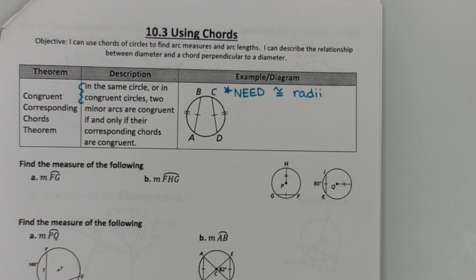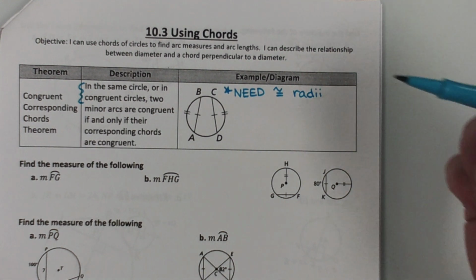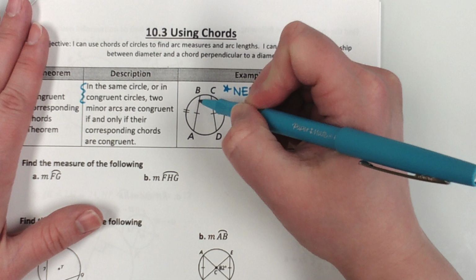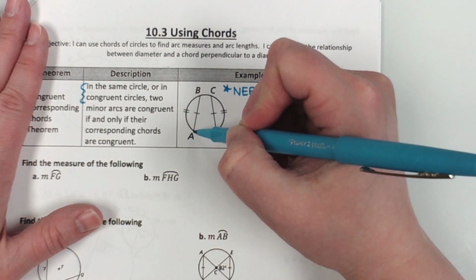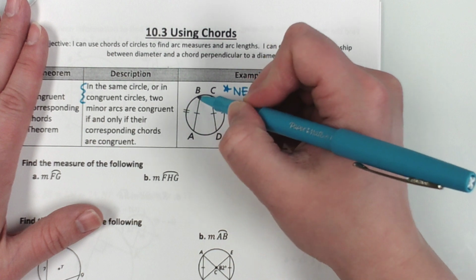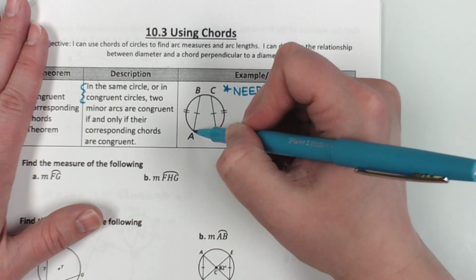What makes an arc a minor arc? Less than 180 degrees. Now, the reason that it's emphasizing the minor arc, though, is not actually about the 180 piece. It's saying that when I have chord AB going through here, doesn't that technically break my circle up into two separate arcs? The minor one and the major one? Yes.